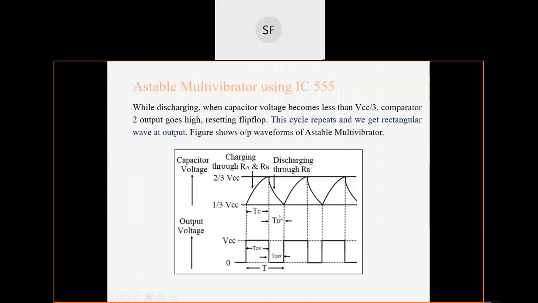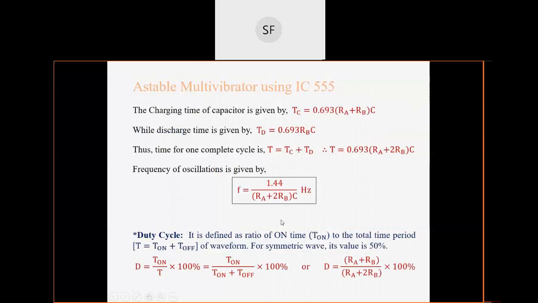Similarly, the discharge time of your capacitor is nothing but the off time of your output. So TC is equivalent to T on and TD is equivalent to T off. In the last session we have seen that the capacitor is discharging through resistor RB, so there is no RA term here.